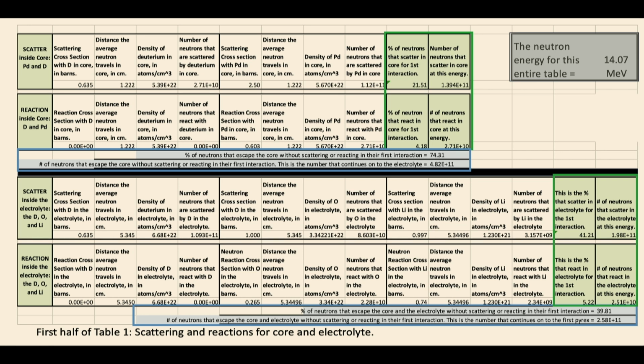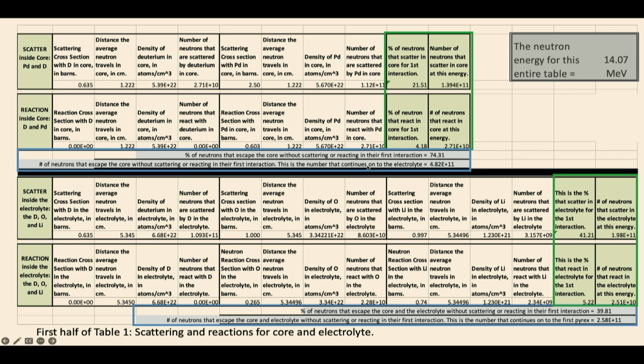This is done for both deuterium and palladium. To the right of that, in the green highlighted box, is the sum of that interaction, both in percentage and in number. Under this section, highlighted in blue, is the number of neutrons that escape that segment and go on to the next segment.